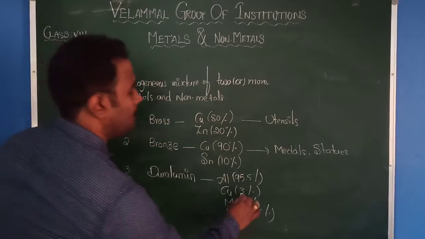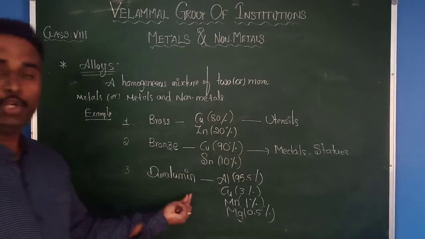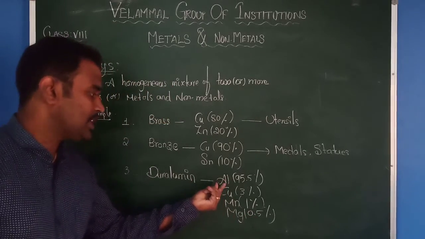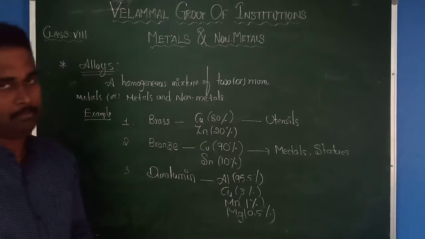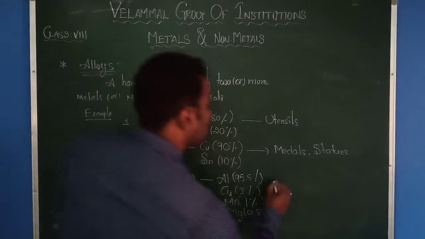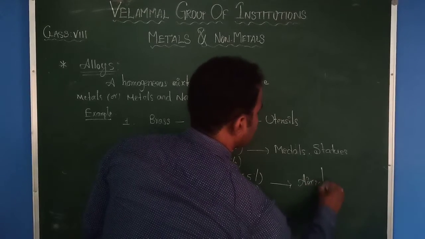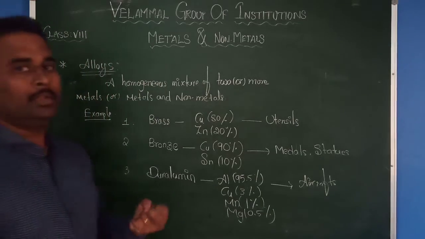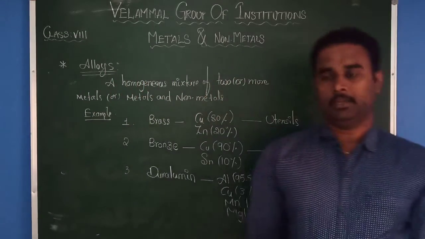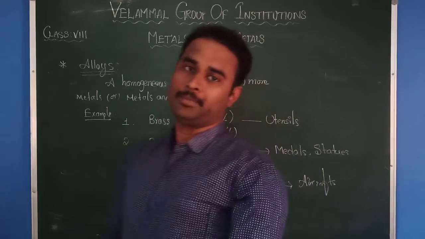These are approximate compositions. That means the next alloy is duralumin, which contains aluminium, copper, manganese, magnesium. This is mainly used in aircraft, because duralumin gives lighter weight by mixing of these. That's why it is mainly used in aircraft.